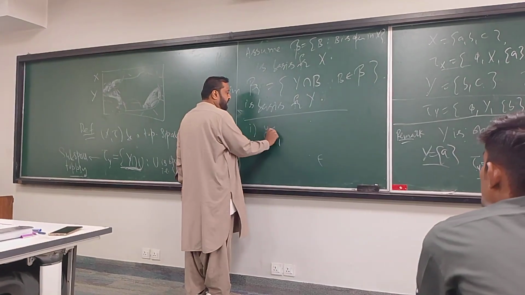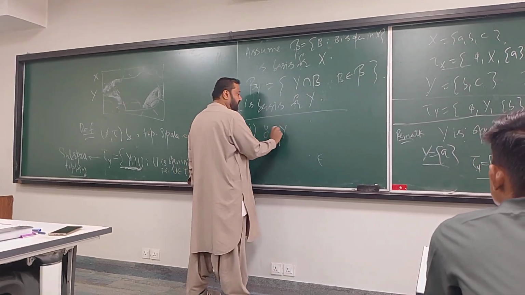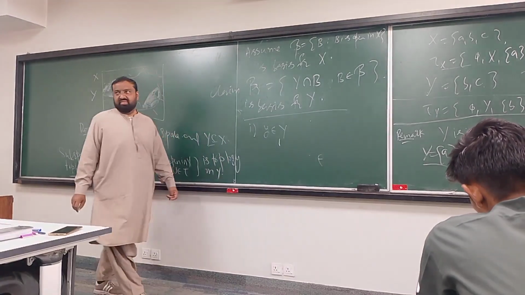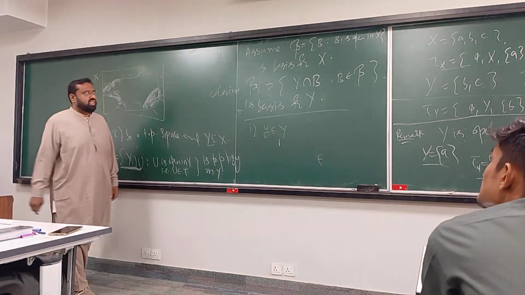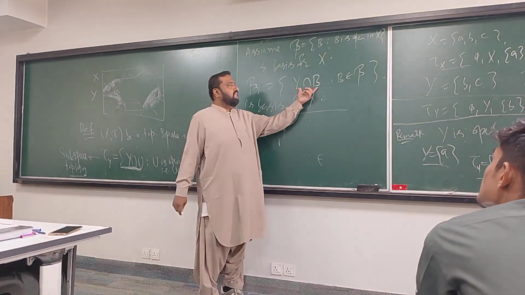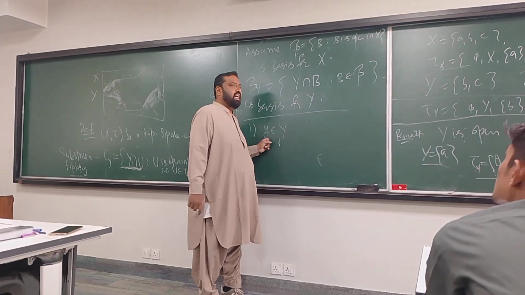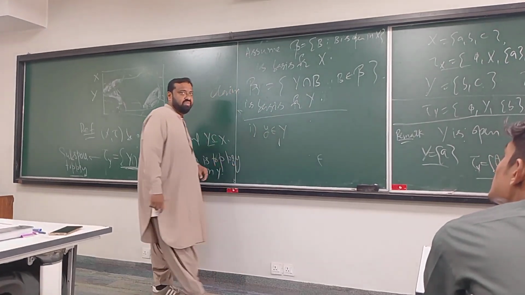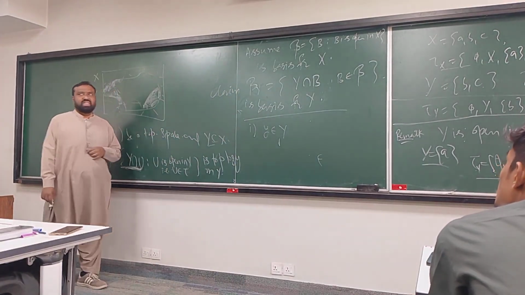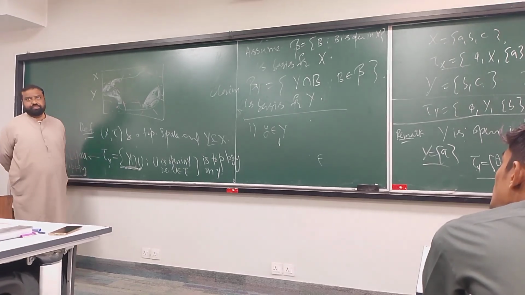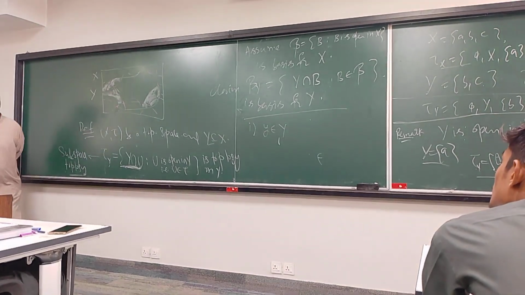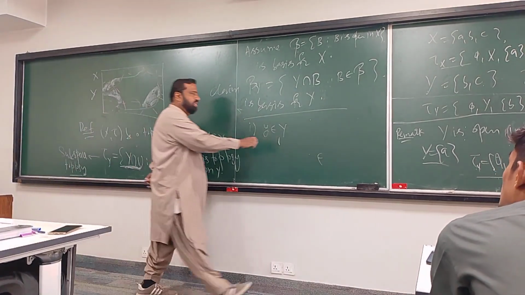So let's say that I am taking y from Y. How can I find some open set that looks like this, in which it is guaranteed that there is this small y? Okay, that's a good start.